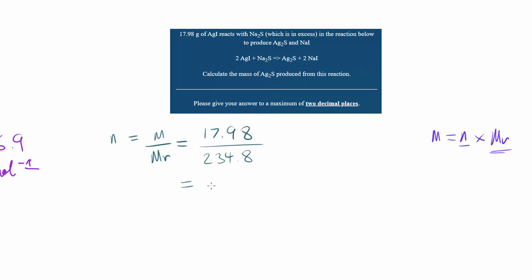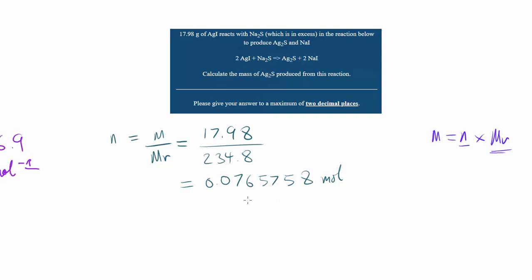And so that gives us 0.0765758, okay? And that's going to be in moles. Now we've got this value, but we need to use the balanced equation to work out what that means for the amount of substance of what we've been asked to look at, which is the silver sulfide, right?